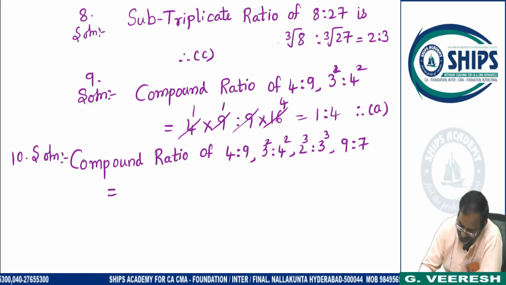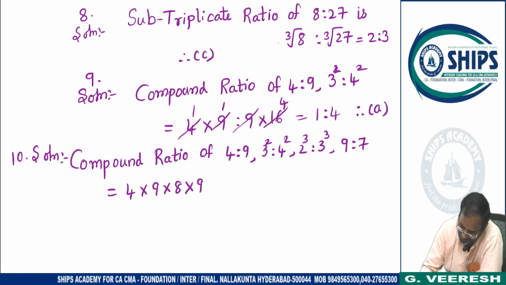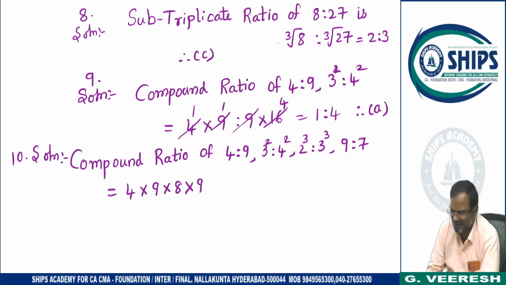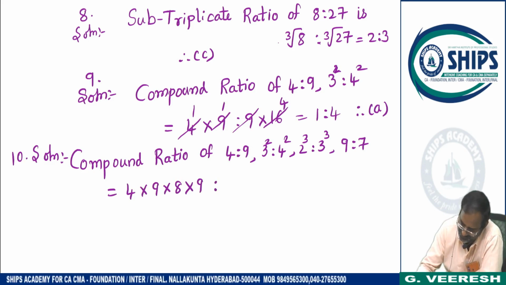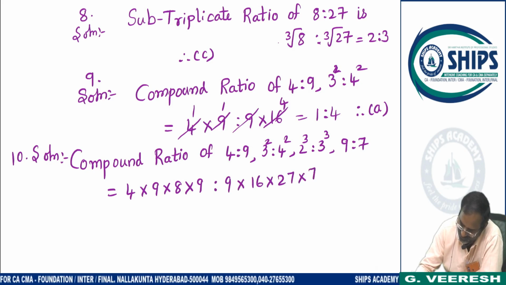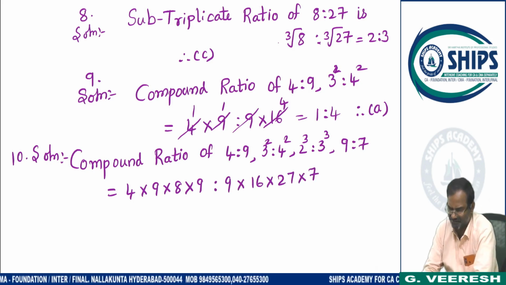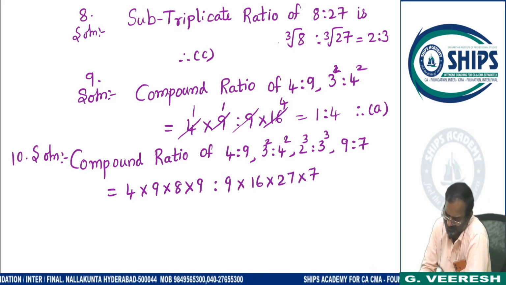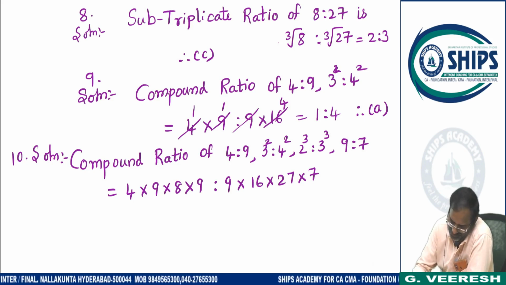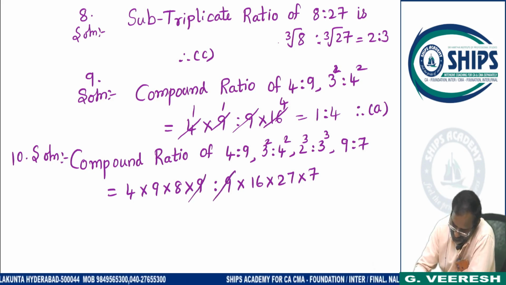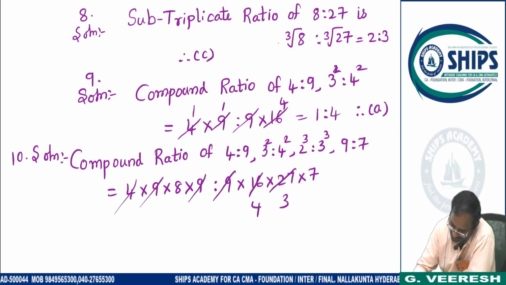Okay. Now this will be 4 into 9 into 8 into 9. So square means square it, cube means cube it. 9 into 16 into 27 into 7. Clear? Now we have to simplify, don't multiply. 9 cancels. 9 ones are 9, threes are. 4 ones are 4, fours are. 4 again 2.